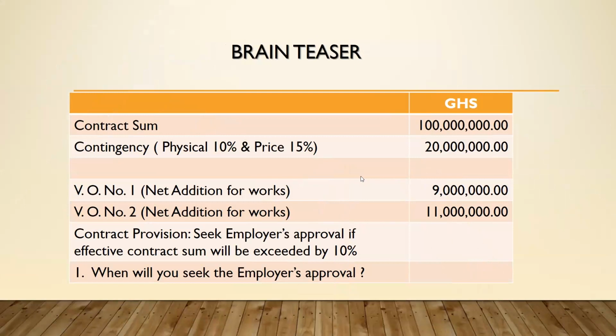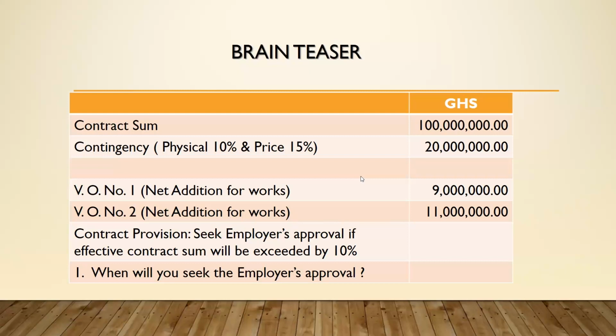This is a brain teaser, helping us to understand how to utilize the contingency sum. A project with a contract sum of 100 million has a contingency, made up of physical and price, of 20 million, and a VO has been issued.